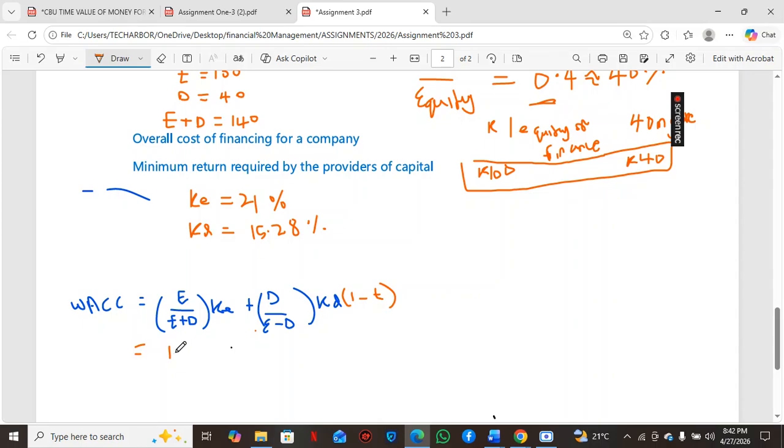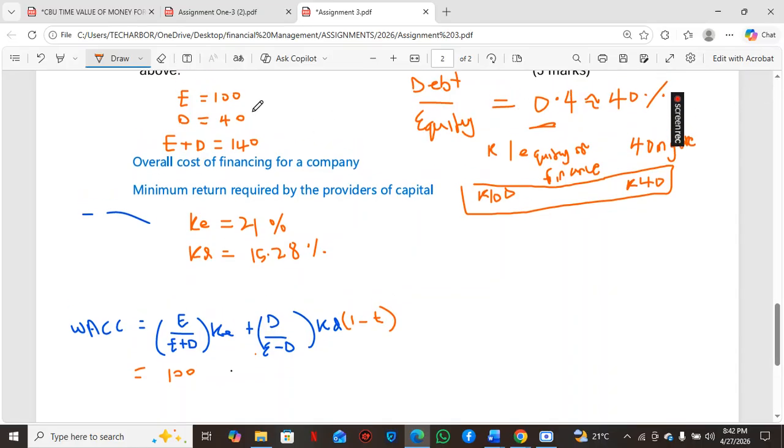E, we said 100. Even though you may use 100, 1, 10, 1,000, or other numbers, your weightages will be the same, because whatever number you choose for equity, you just take 40% of that number to represent debt. So not everyone should use 100 and 140. Others use 1 and 0.4, others use 10 and 4 kwacha, others just pick any amount of equity and then get 40% of that amount.